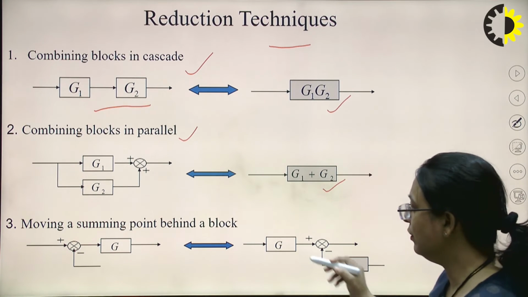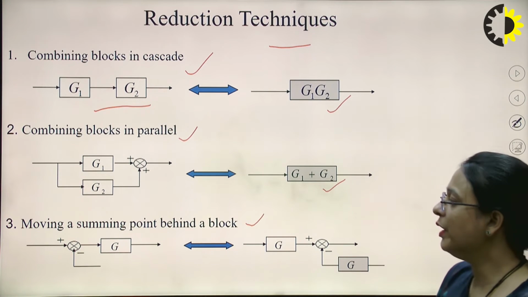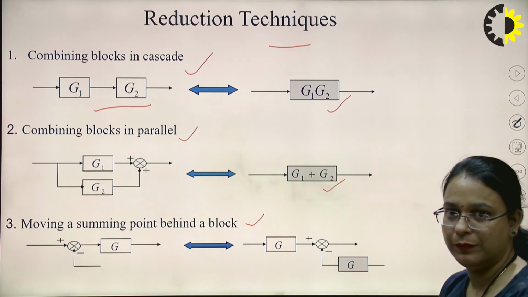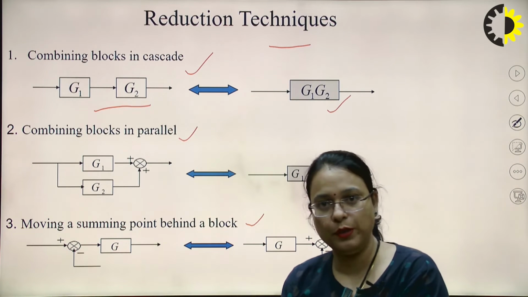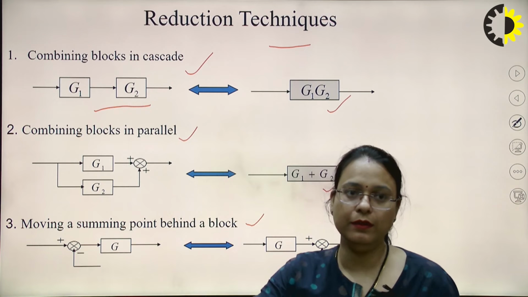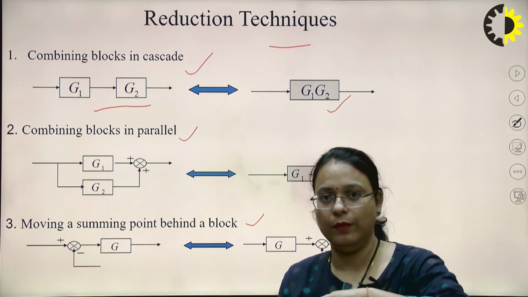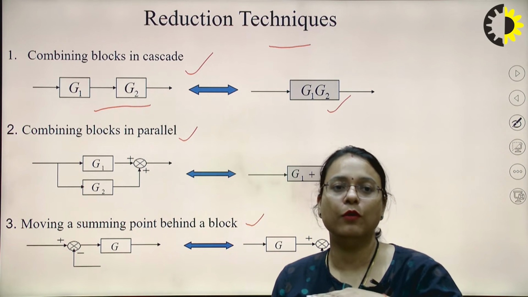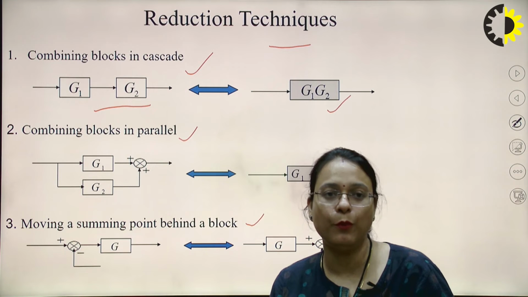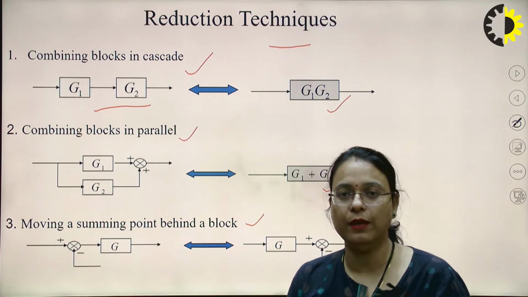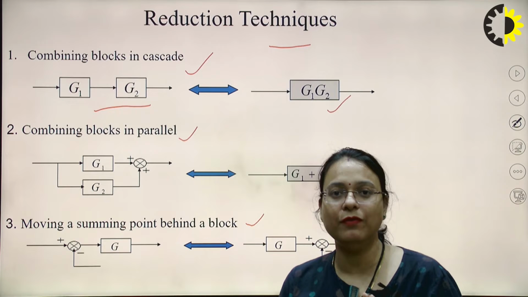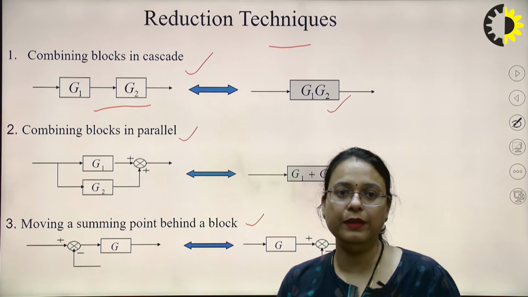Now coming to the third one, which is moving a summing point behind a block. Sometimes there is a need to move the summing point or to move the block behind or forward to the takeoff point. So we need to make changes in the block diagram so as to simplify it, right?